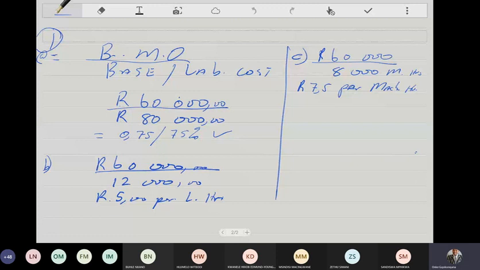We take the labor cost, that is 1,380, multiplied by the percentage from our calculation, that is 75%.